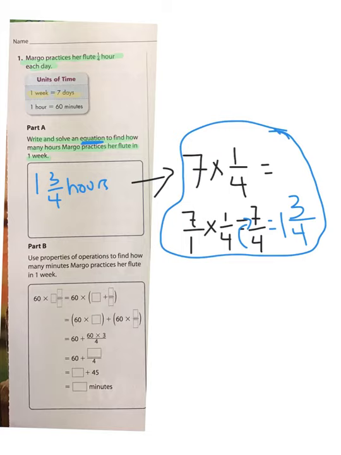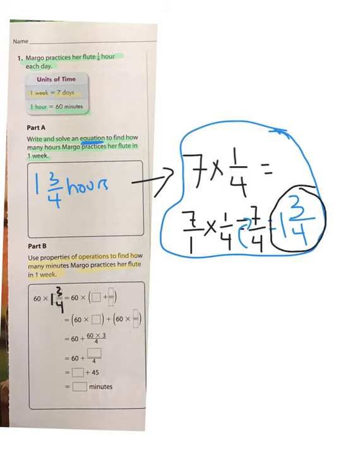All right, let's look at part B. Use properties of operation to find out how many minutes Margot practices her flute in a week. So now we're looking at the minutes, and 1 hour is 60 minutes. Therefore, we have to do 60 times 1 3/4, because that's what we got for how many hours that she practices.